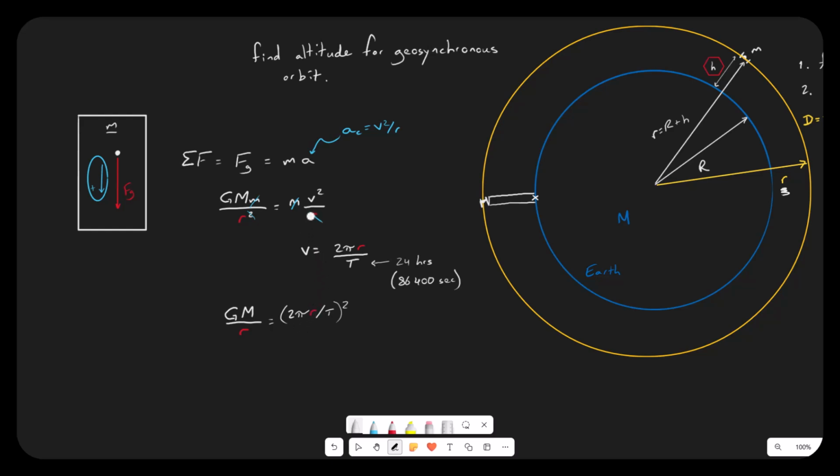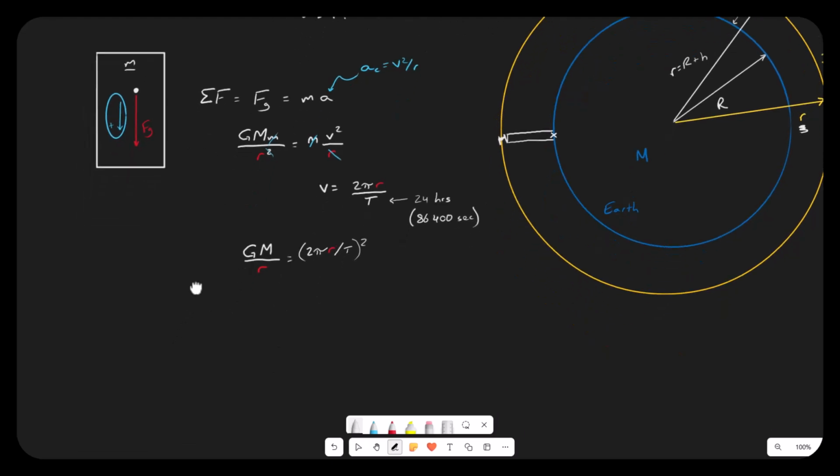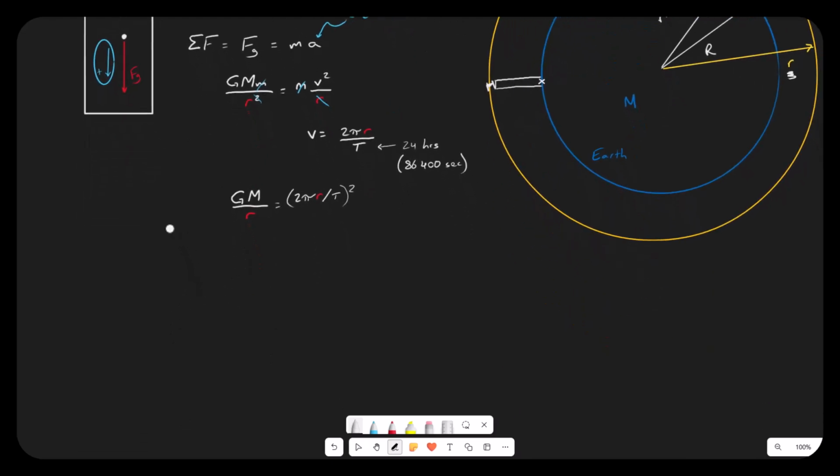And then the over r part canceled out, which was great. Now squaring this, I need to square each term in there, so the left side stays the same, GM over r. And the right side becomes 2 squared is 4, pi squared, r squared, and T squared.